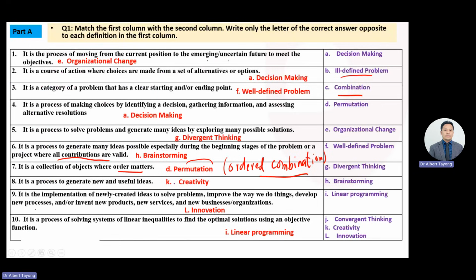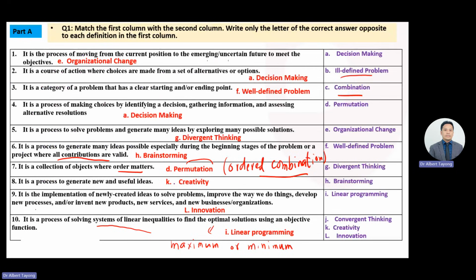Number 10, this is about linear programming, the process of solving systems of linear inequalities to find the optimal solutions using an objective function. When I say optimal solutions here, we are either finding the maximum or the minimum.